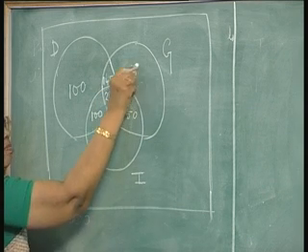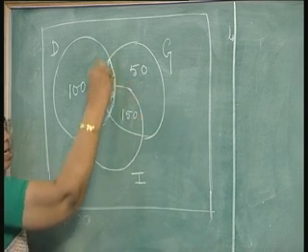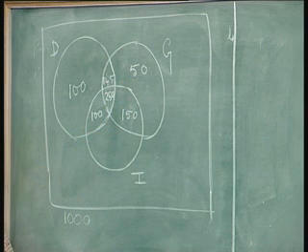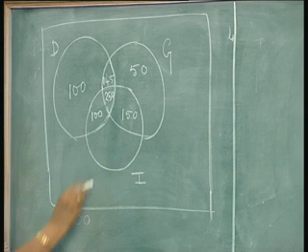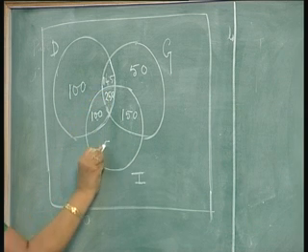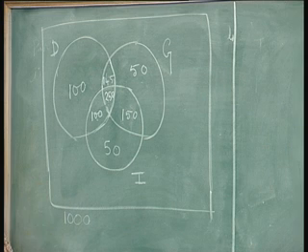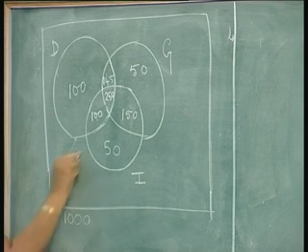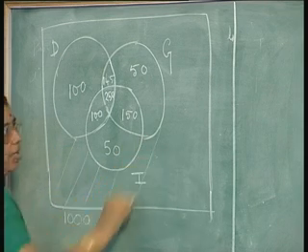So 50 of them will be in this portion. Similarly, 550 of them like ice cream, out of which 400 plus 100 you are accommodating here, so this will be 50. The question is, how many of them are not Democrats, do not wear glasses, and do not like ice cream? That refers to this portion.